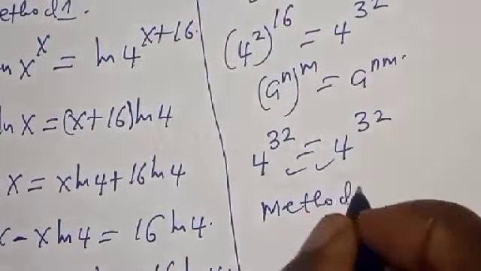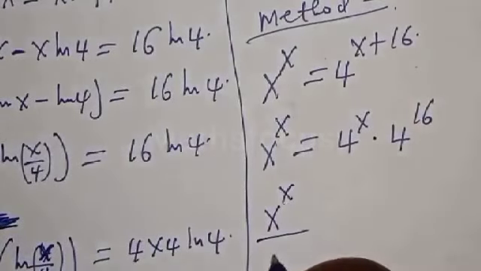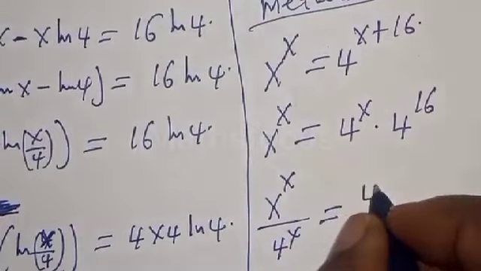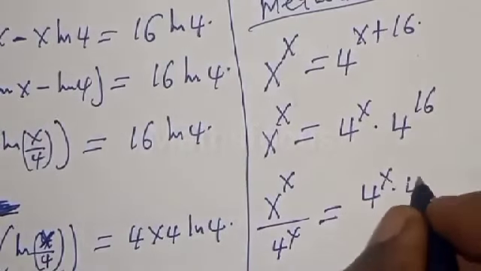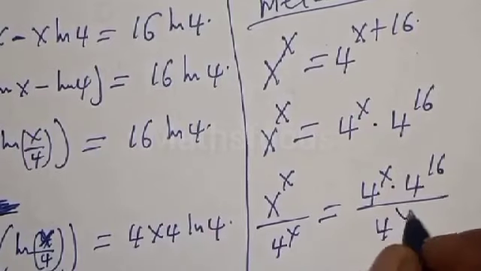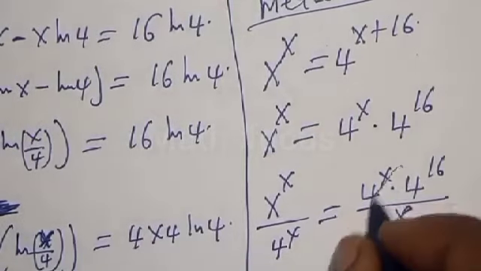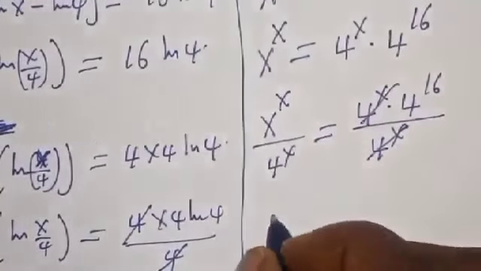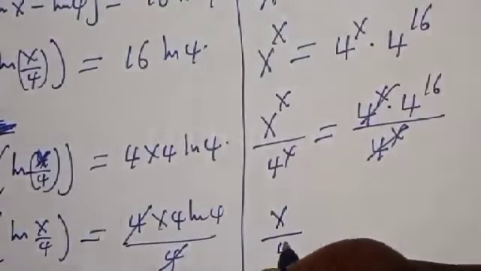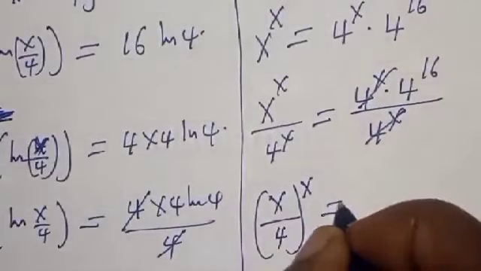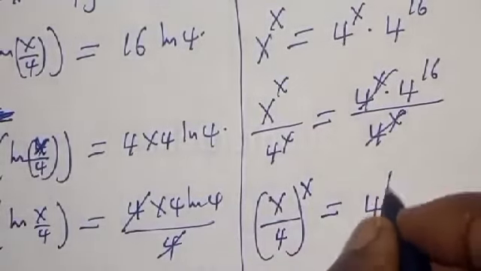We have x raised to power x over 4 raised to power x is equal to 4 raised to power x multiplied by 4 raised to power 16 over 4 raised to power x. This one will cancel this. Now we have the left hand side x over 4 all raised to power x is equal to 4 raised to the power 16.